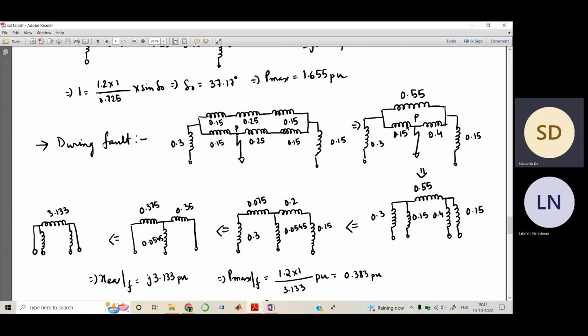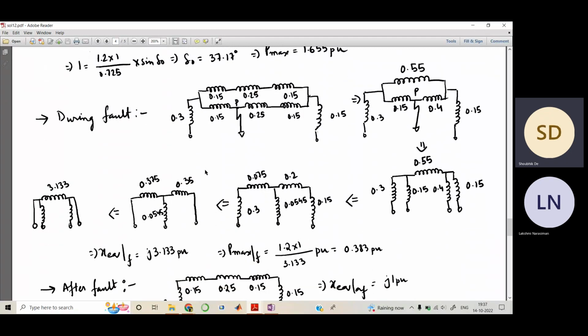Now you can see that this network is basically a delta network, because this is ground. If you join these two points, you will see that this is a delta network. So we basically have to simplify this network to calculate the equivalent reactance of this line during the fault.